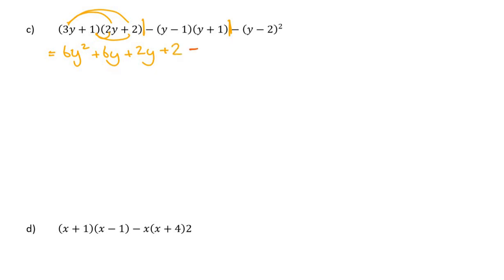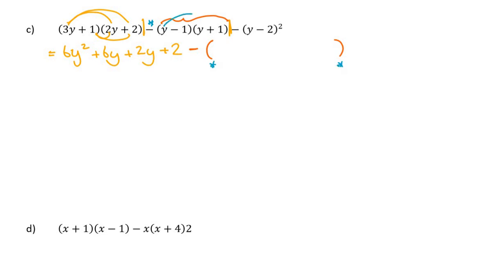This minus applies to this entire product. Now, if it applies to the entire product, it needs to be in a bracket, because otherwise I'm not going to remember to distribute my minus into my bracket. So when it's a minus, please write yourself a note there. Do not forget, if it's a minus, you need these brackets.